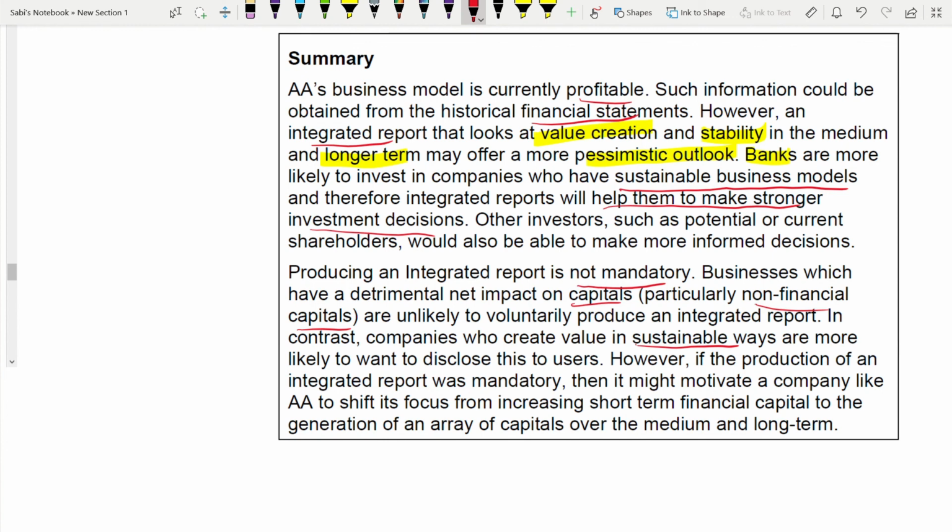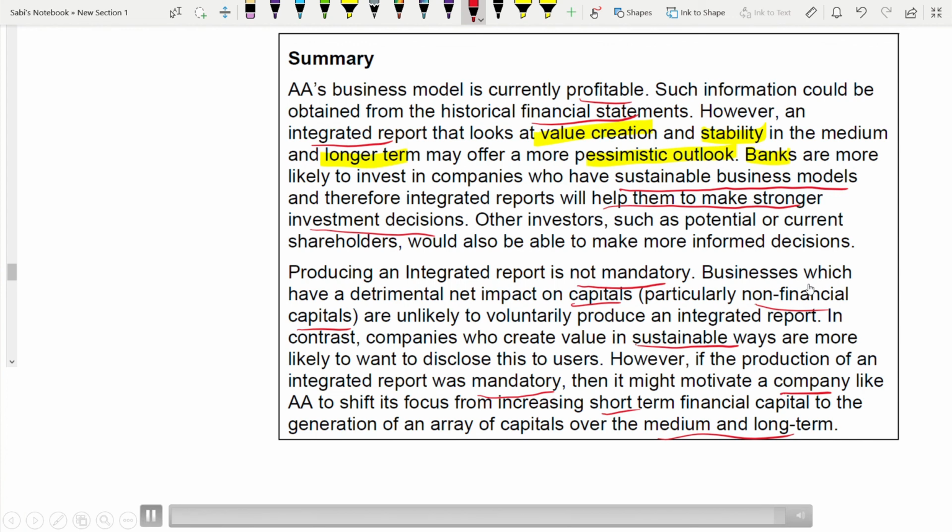If the preparation of integrated reporting becomes mandatory, then it will motivate a company like this, double A, to shift their focus. Now their focus is to make short-term profit, profit, profit. But if integrated reporting becomes compulsory, they will shift their focus from short term to medium and long term, using different types of capital, not just focusing on financial capital.